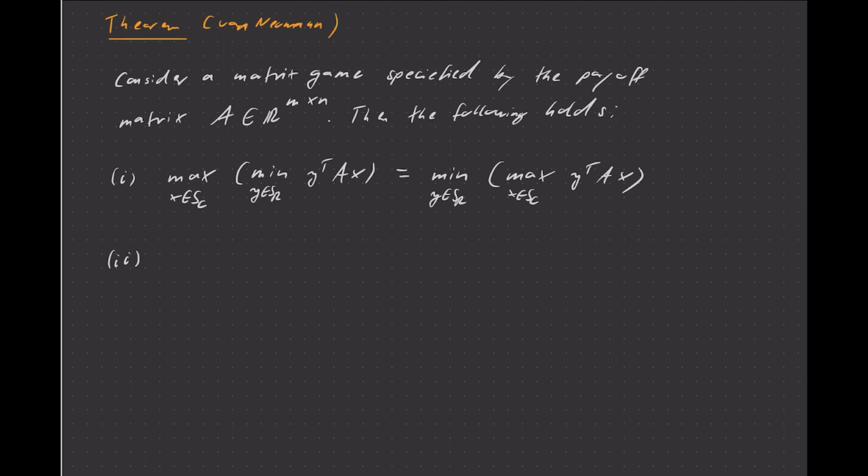Second, of course, it's important to know that actually there is a solution to these optimization problems. And that's the second point of that theorem. It says the game admits a pair of optimal strategies.